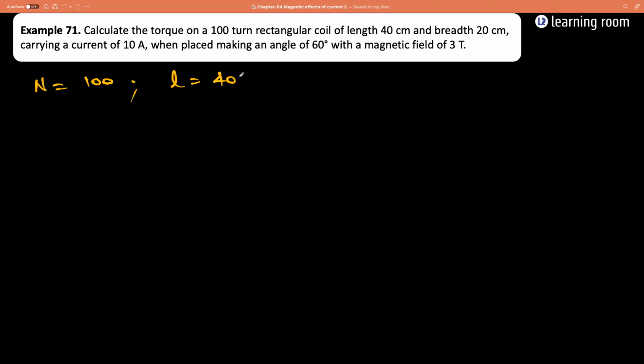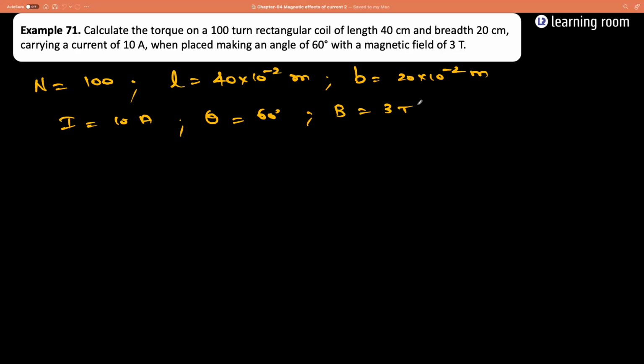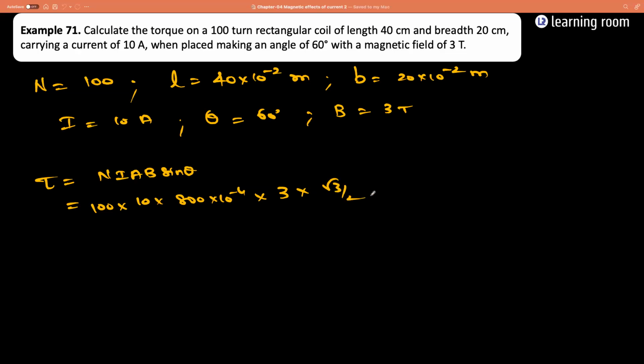Length will be equal to 40 into 10 power minus 2 meter. Depth will be equal to 20 into 10 power minus 2 meter, carrying a current of 10 ampere, placed at an angle 60 degrees with the magnetic field of value 3 Tesla. So torque will be equal to NIAB sine theta. 100 into I is 10, into A is 800 into 10 power minus 4, into B is 3, into sine theta is going to be 3 by 2.